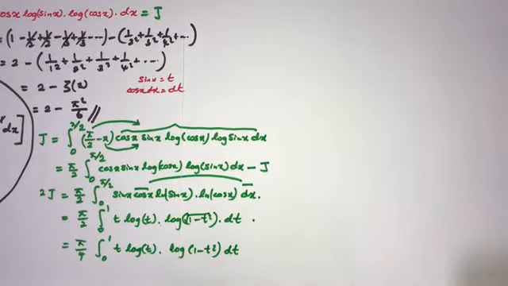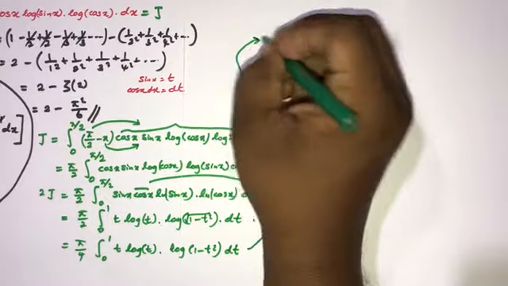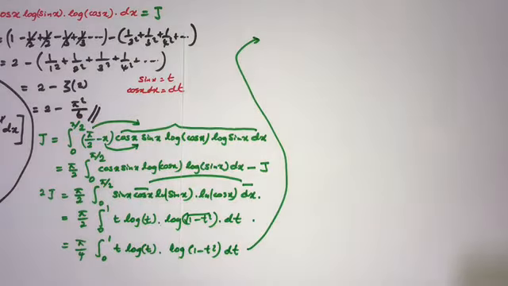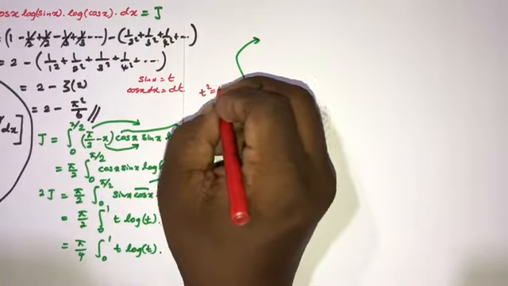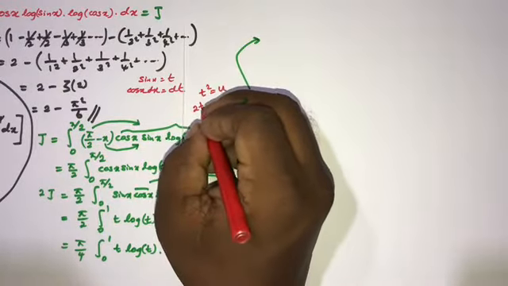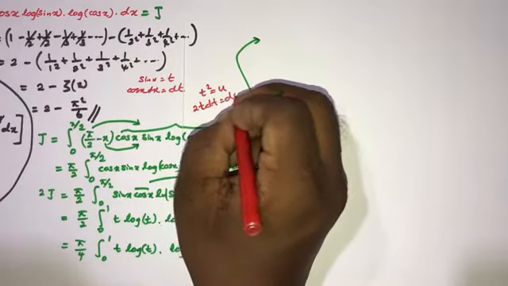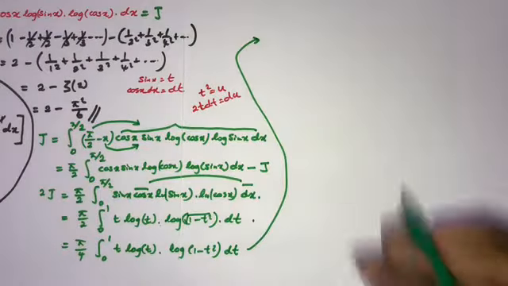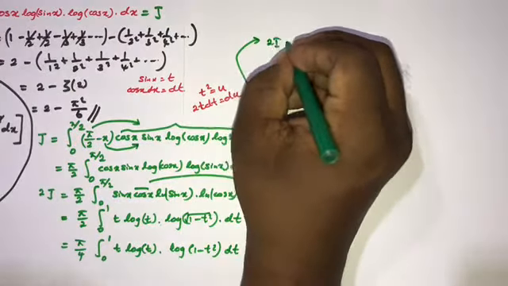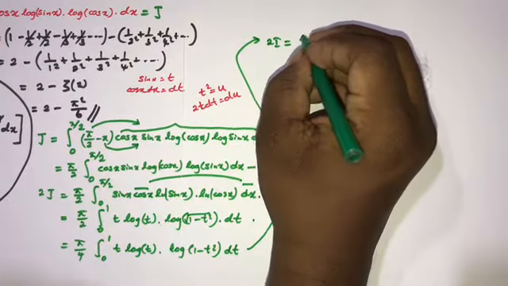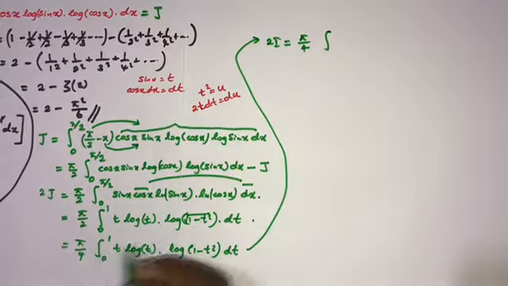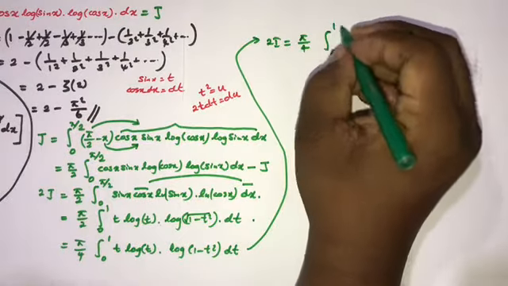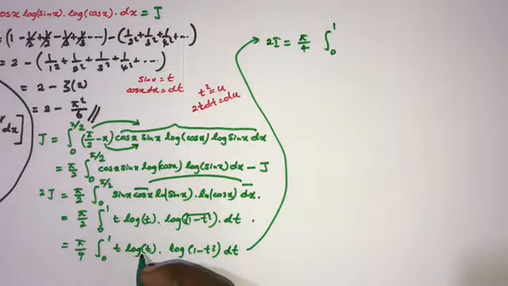Well, then next step, here we can also take another substitution. So if we take t squared equal to u, then differentiate. So 2 times t dt is equal to du. So we can write now 2 times J is equal to π over 4. Now integral with limit also 0 to 1, then natural log of t.